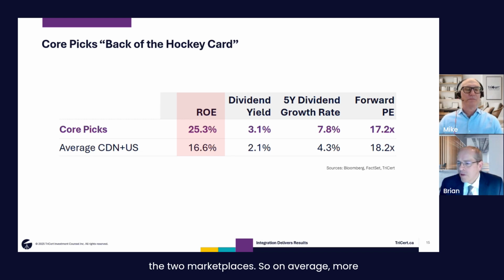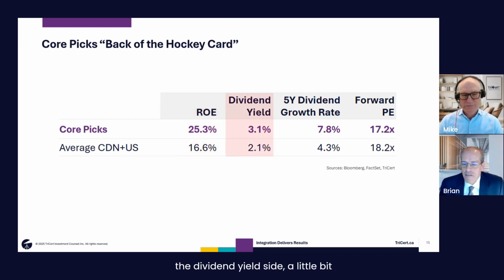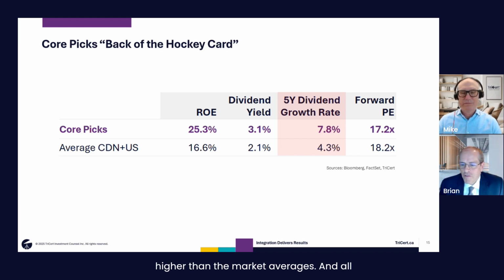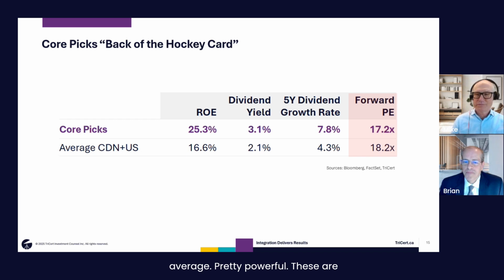So on average, more profitable than the average company. On the dividend yield side, a little bit higher yield than the market. The dividend growth rate over the last 5 years, once again, a little bit higher than the market averages. And all of those wonderful fundamental attributes, we're able to find them at a cheaper price than the average. Pretty powerful.